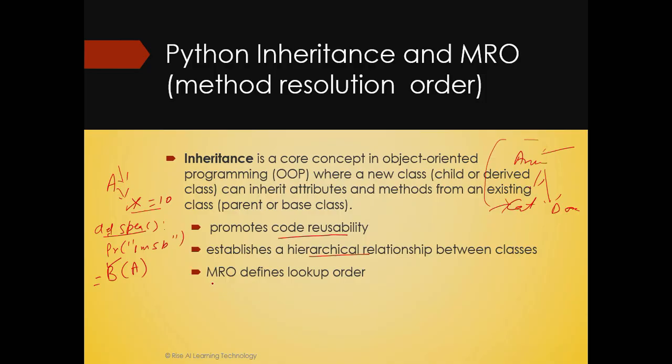And then MRO. MRO is method resolution order. Suppose my class A is inheriting from two classes, B and C. B has a method, say XYZ, and C also has the same method XYZ.